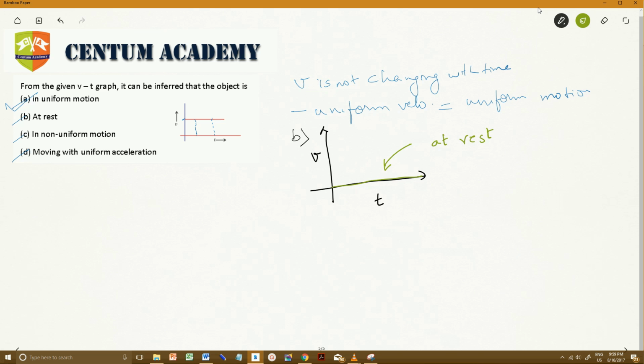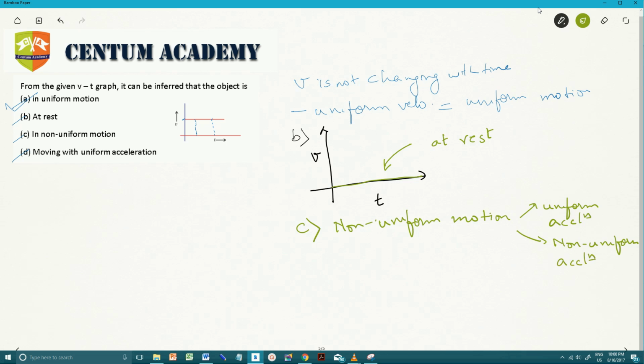Now what will be a non-uniform motion? Non-uniform motion will be non-uniform motion. This could be either uniform acceleration, or it could be non-uniform acceleration.